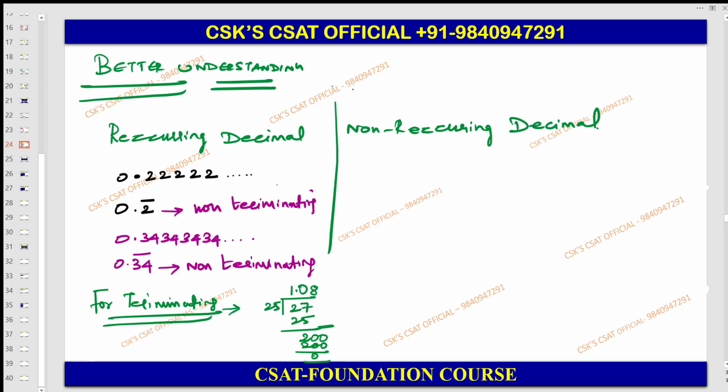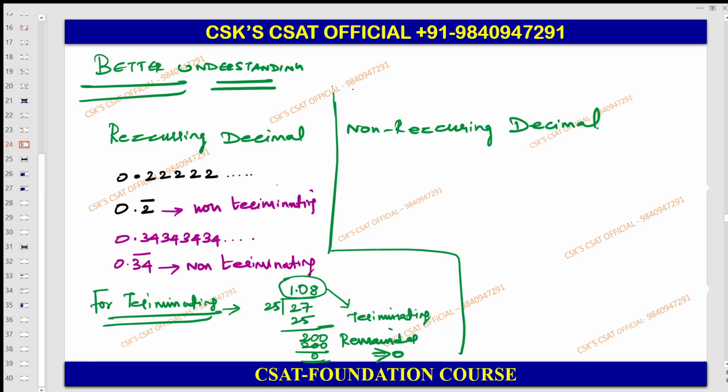So therefore 0. When your remainder becomes 0, please understand, the quotient is terminating. It's a completely terminating decimal. So the remainder becomes 0.